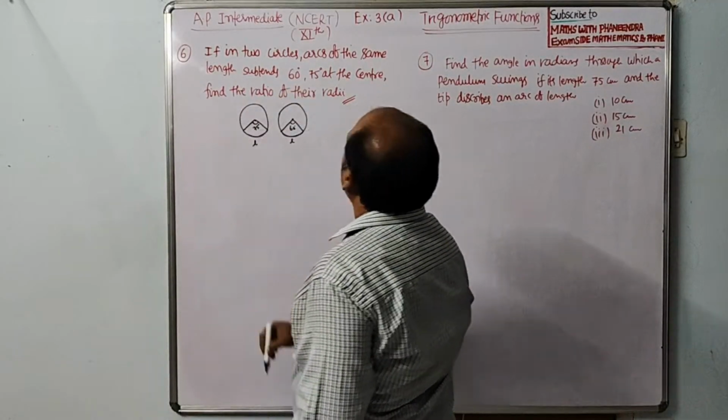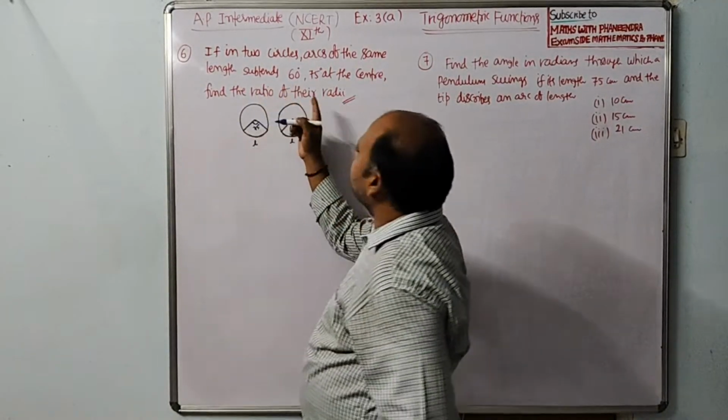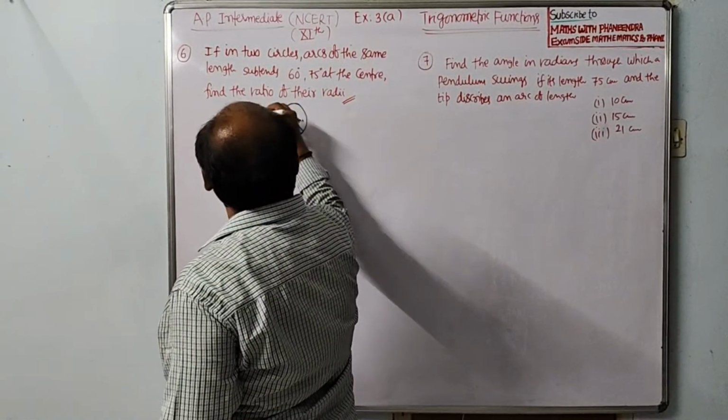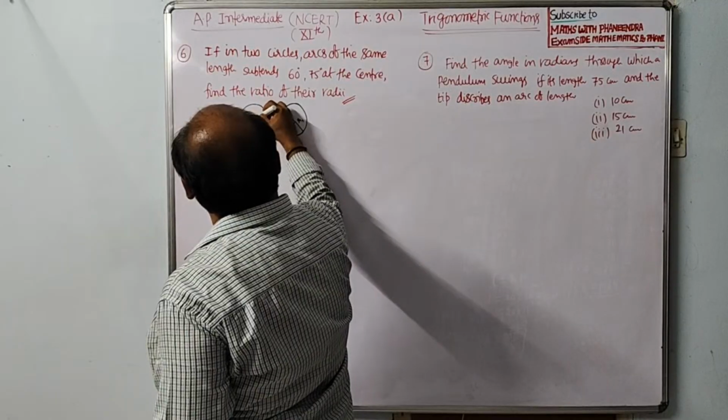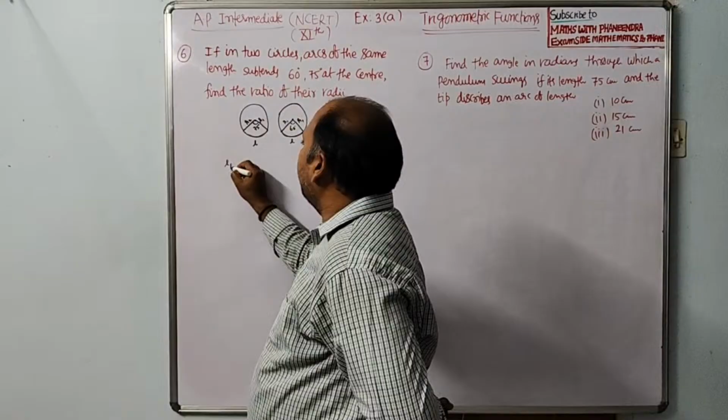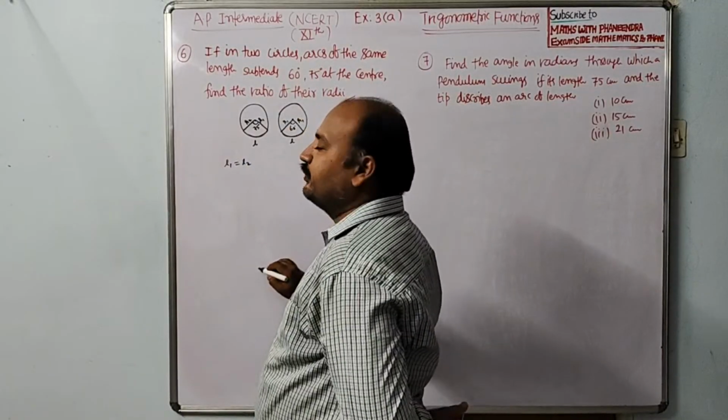And find the ratio of the radii. This radius is R1, this radius is R2. Okay, dear students? Here length is constant, L1 is equal to L2.